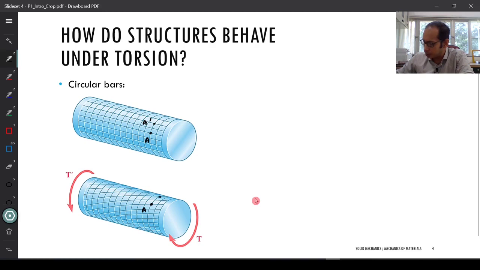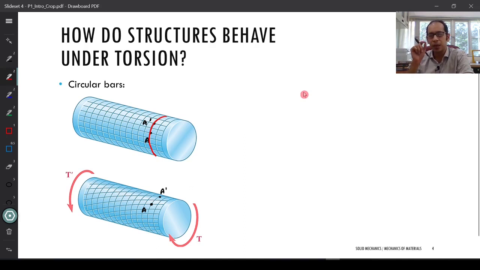So this is my new A prime, right? But remember, as you can see from the figure as well, they were a part of a circumferential line, and after you have applied the torque, they have simply shifted along the same circumferential line.